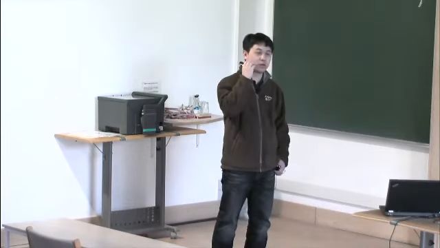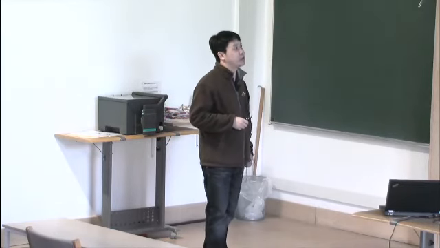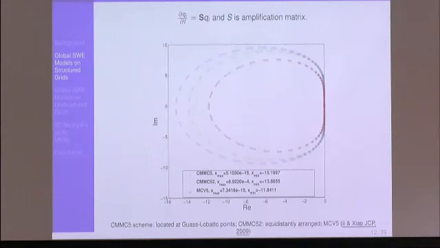For example, with a larger CFL number, a smaller amplitude error and a smaller phase speed error. But we also observed here a very small but positive value. So it means the CMMC52 scheme is weakly, slightly unstable.